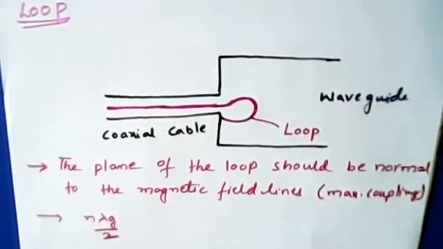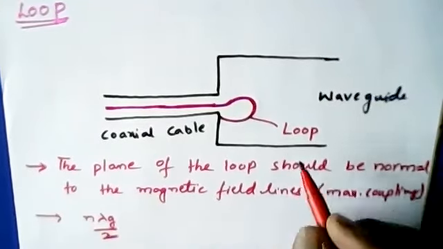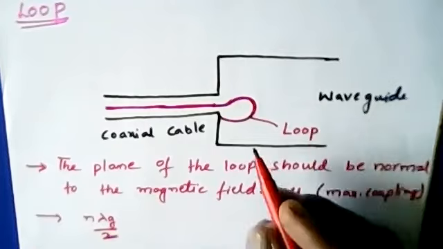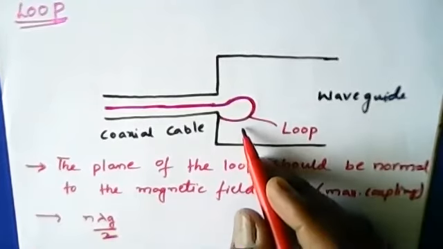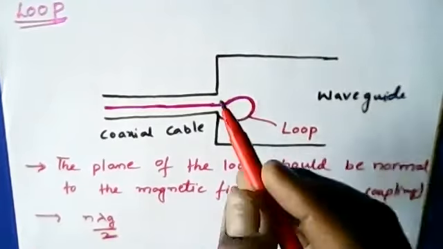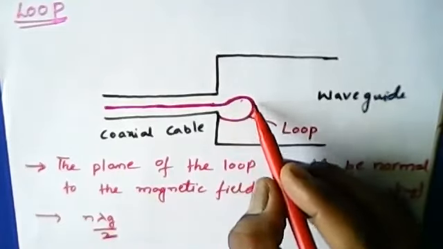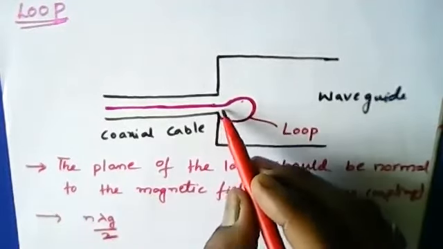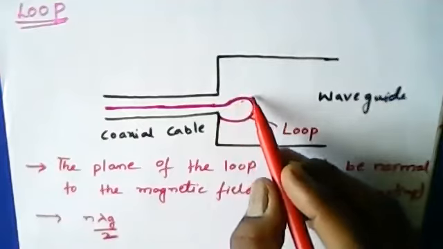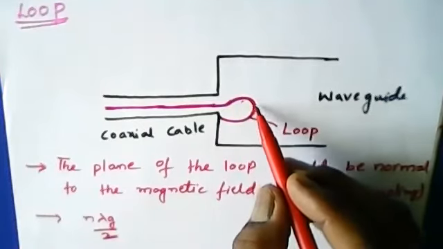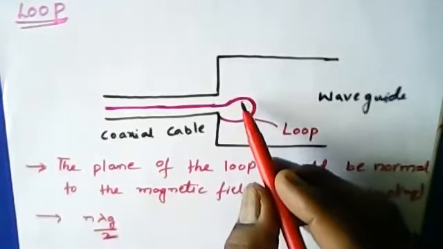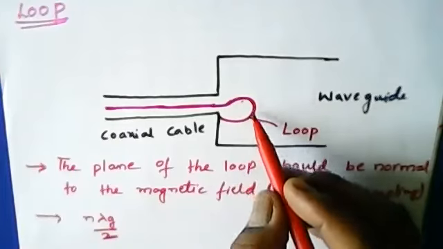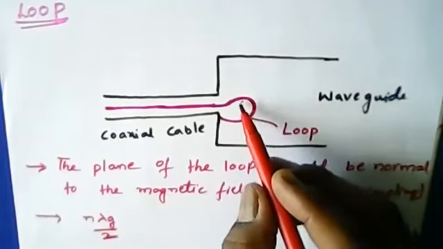We have seen the main drawbacks: the loop has to be maintained in a proper manner. If there are any disturbances or zigzags in the loop, other than a smooth curve, then the excitation will be affected.